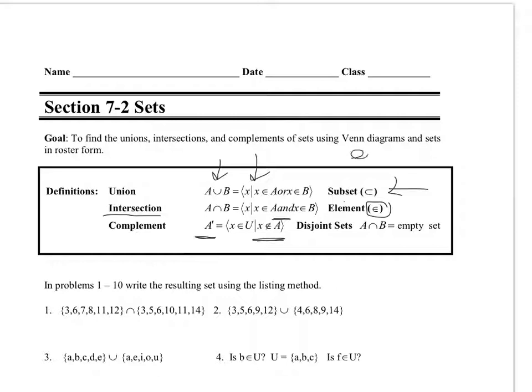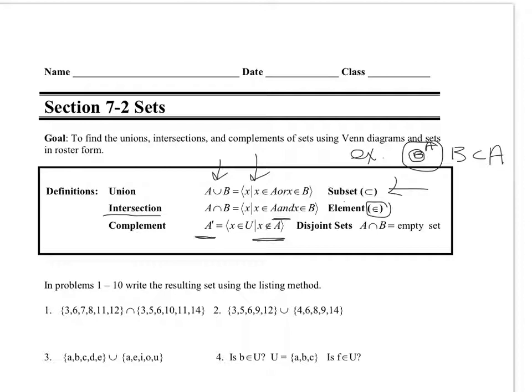For example, if I had a circle that was set A, and inside this circle I have another set that's B, this would mean that B is a subset of A, because everything that's in B is included in A. We've already talked about the symbol that looks sort of like a rounded E, means element of. In other words, we're going to identify that something is a member of a set if we use this symbol.